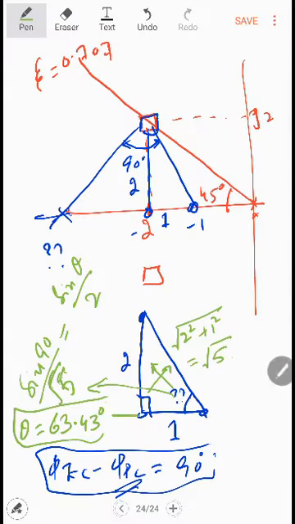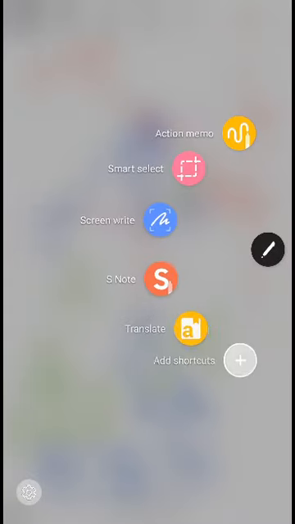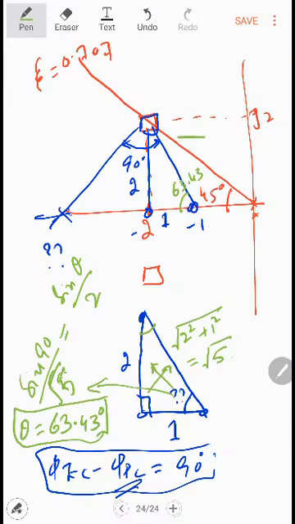So this means that if we find this angle, then we can also find this angle. This will be the remaining angle. If this is 63.43, then we can use the angles of the triangle.